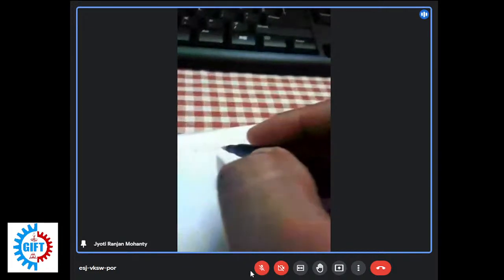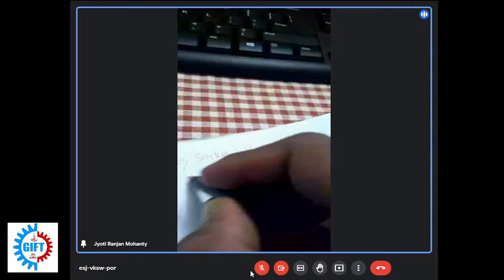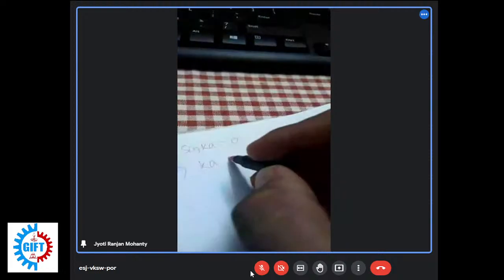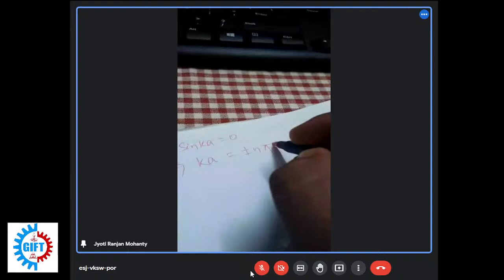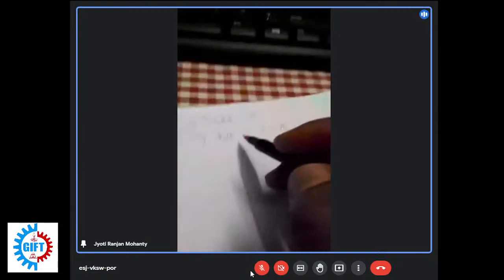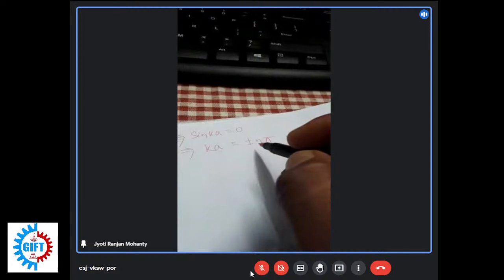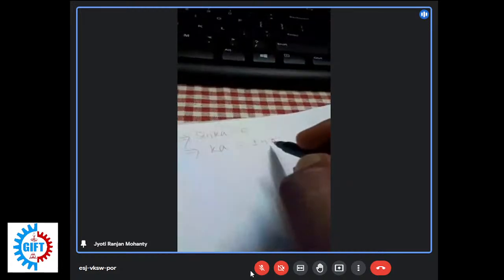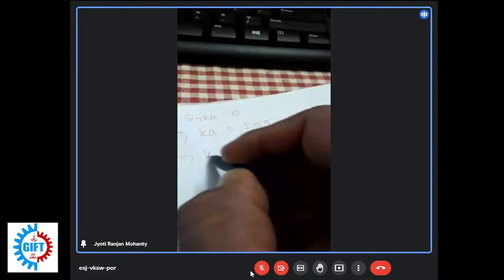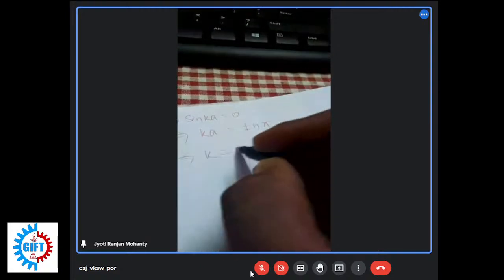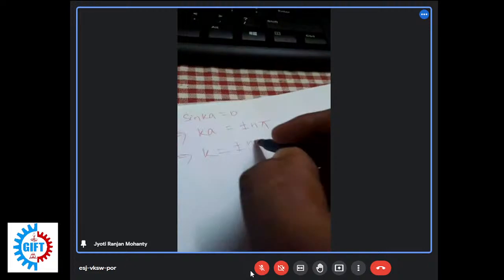If sin ka is equal to 0, what is the value of ka? The general solution will be plus minus n pi. So ka is equal to plus minus n pi, which implies k is equal to plus minus n pi by a.